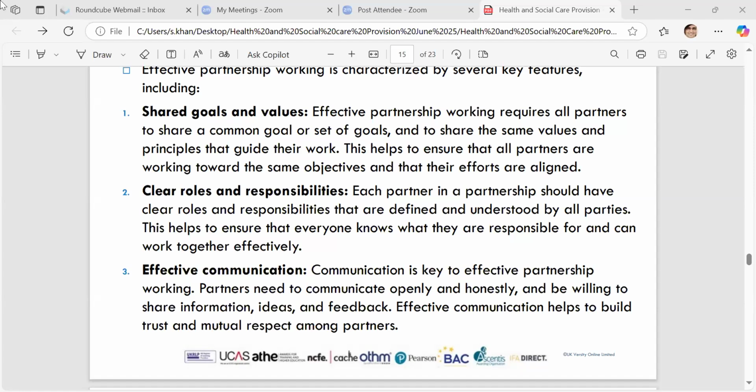And another one, which is effective communication, again, a really, really important one for me. Why is communication so important? Why do you think communication is so important? It's just like sharing the responsibilities, ideas, and all that. Yeah, sharing information, sharing ideas, sharing feedback, regular communication so you're keeping on top of everything.